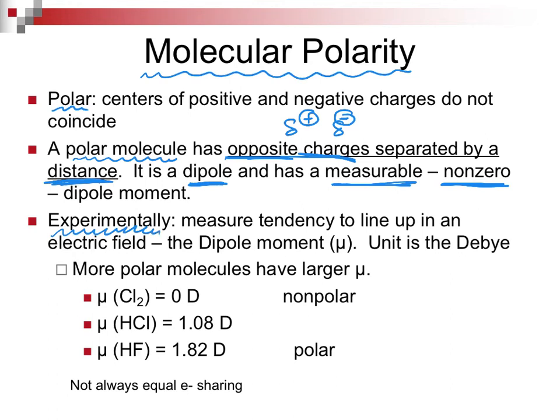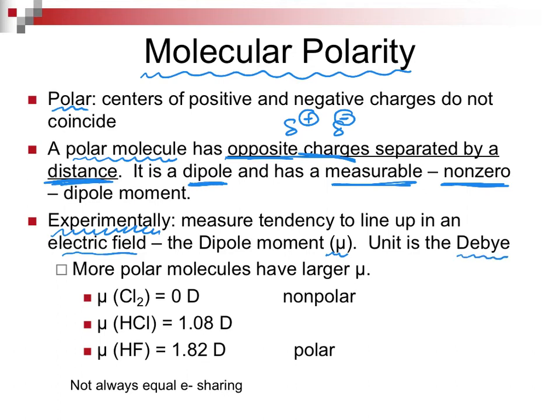Well, experimentally, they will measure the tendency for a molecule to line up in an electric field. If you've done electrophoresis in high school, or maybe here as a college student, you'll know what I'm talking about. And what number you get is called a dipole moment, symbolized by the letter mu, and its unit is a debye.